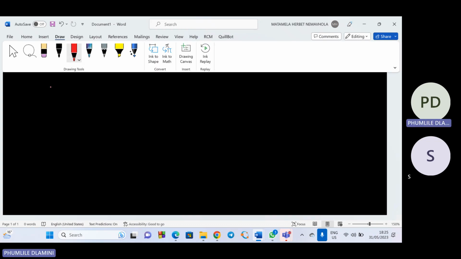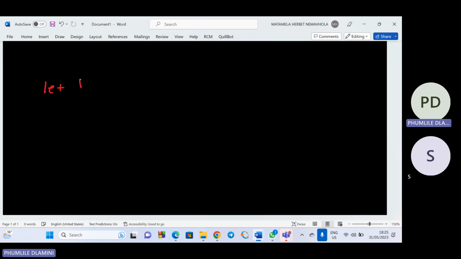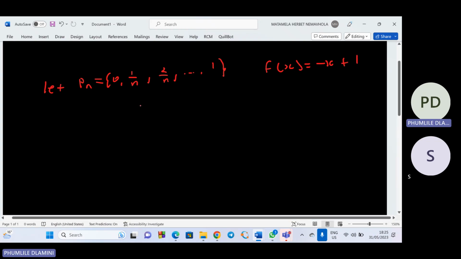Then when I do my 7.2, we let our Pn, which is equal to 0 to 1 over n, is given this one, 2 over n to 1. Then our function f of x is equal to minus x plus 1, which is a decreasing function or decreasing straight line. Then the change of our xk is equal to 1 over n.